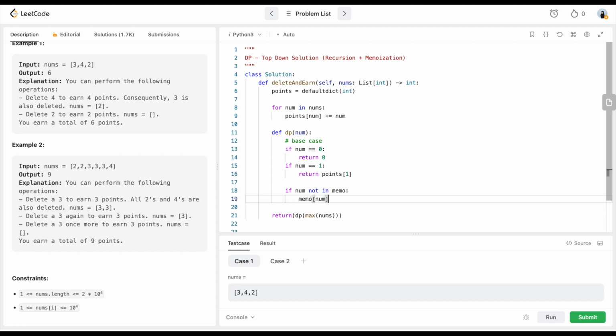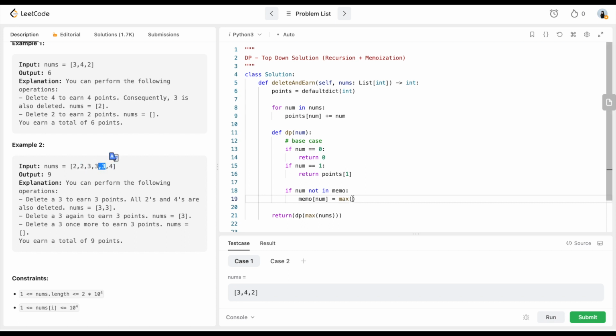Memo[num] should equal the maximum between our current number. If we start at the highest number, that means we're already at the very top. We don't need to consider 4 plus 1, which is 5, because 5 is basically non-existent in this list. We're always starting from the highest, going down, so basically we just need to think whether we want to pick 4 and 2 or 3.